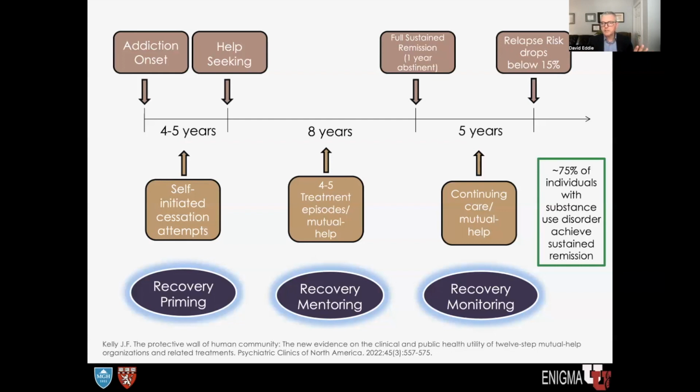The population-wide prevalence of alcohol and other drug use problems is around 15%. And so it takes folks 5 years before their risk drops down to that of the general population. But then importantly, as I mentioned before, people who continue trying to achieve recovery, eventually the majority of folks get there.